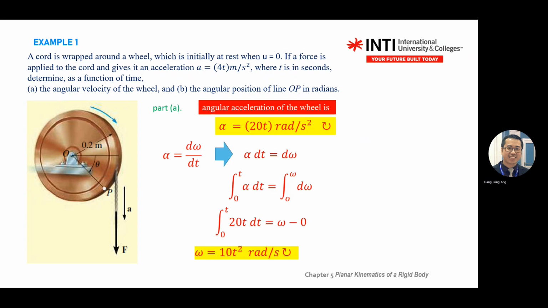Anticlockwise positive. This one, anticlockwise. Okay, sorry. Oh, like this, okay. This question follows the motion of the rope. It follows the motion of the rope, and it just tells you the direction of the spinning.